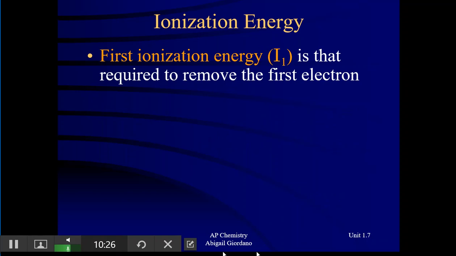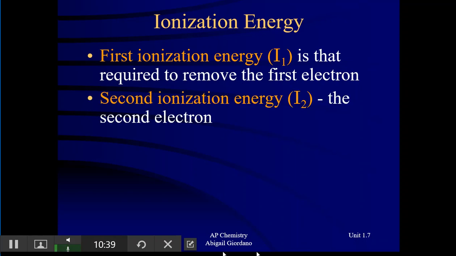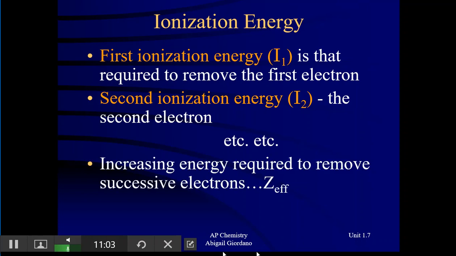Okay, let's get to why that word first was there. First ionization energy means the energy required to remove one electron. A second ionization energy means you have already taken one electron away, and now a second one is going to be removed. Okay, and you can have third ionization energy, fourth ionization, etc. And there is a trend here.